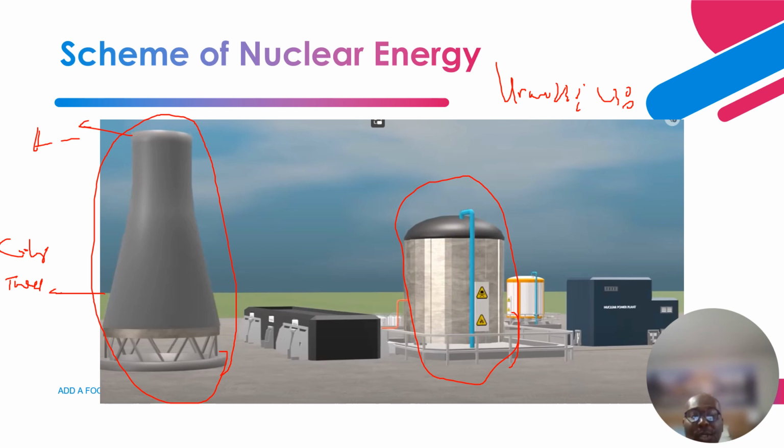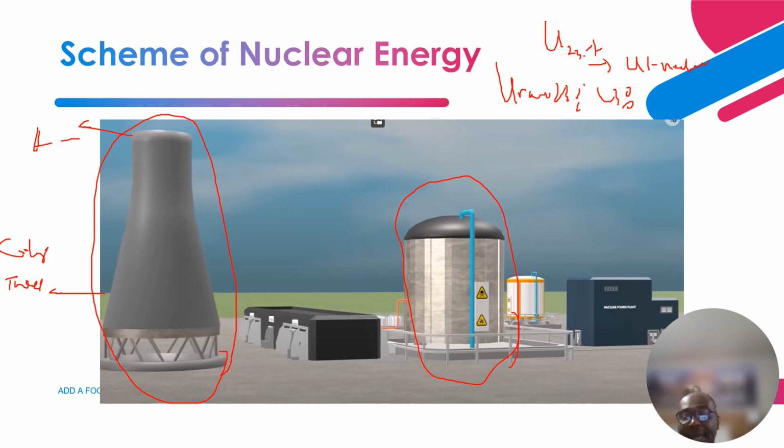So you have uranium 235, and in the presence of water, it reacts and releases another uranium plus a neutron. And that neutron reacts with another uranium fuel, and now the reaction becomes a chain reaction.